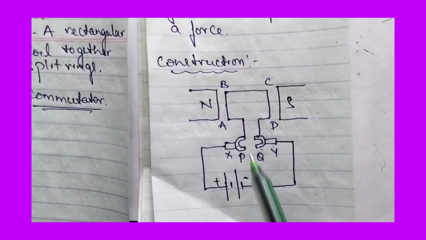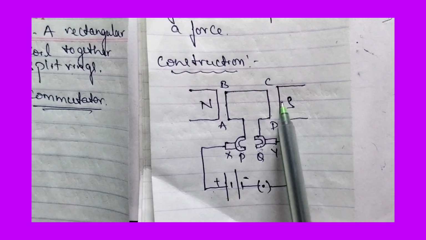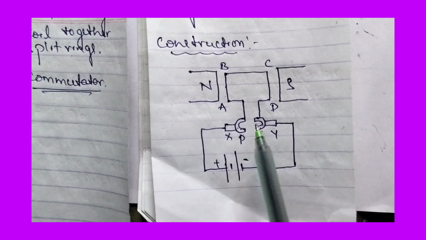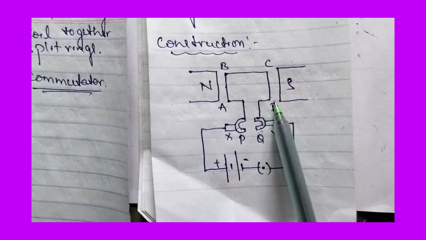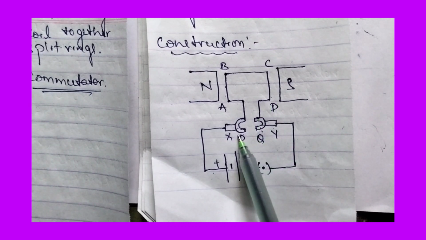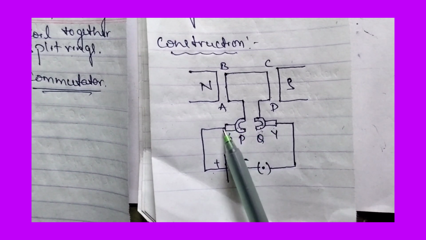DC motor consists of N and S poles of a magnet. Between the poles of a magnet we have kept a rectangular copper coil ABCD. One end of the coil is connected to split ring P and another end of the coil is connected to split ring Q. PQ are called split rings made up of copper, and for each split ring brushes are connected.